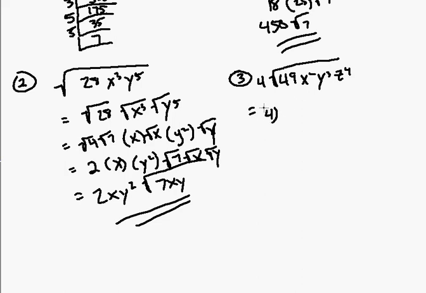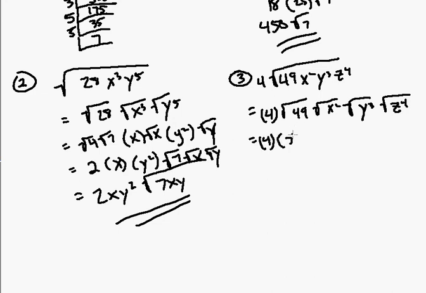This is equal to 4 times the square root of 49 times the square root of x squared times the square root of y to the third times the square root of z to the fourth. Okay, so that's equal to 4, that's equal to 7, that's equal to x, that's equal to y square root of y, and that's equal to z squared.